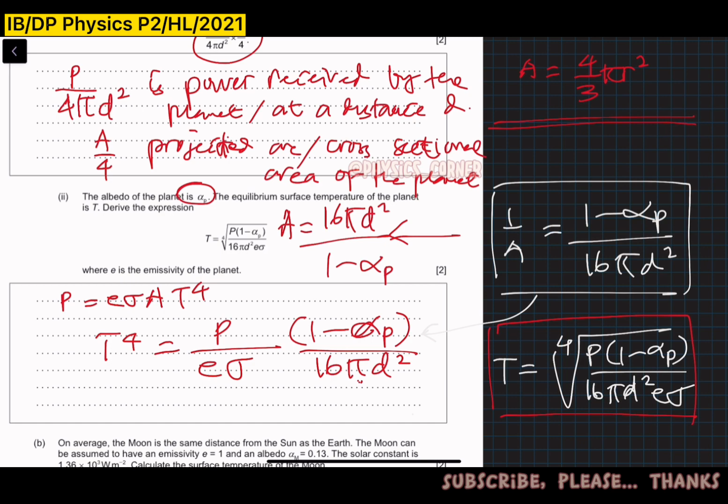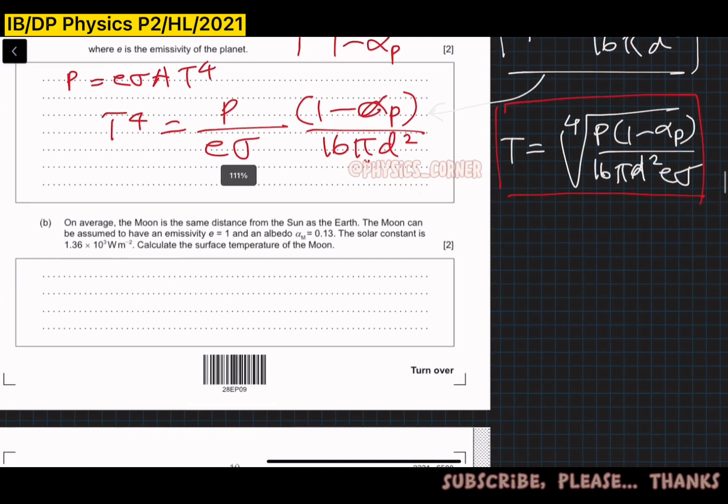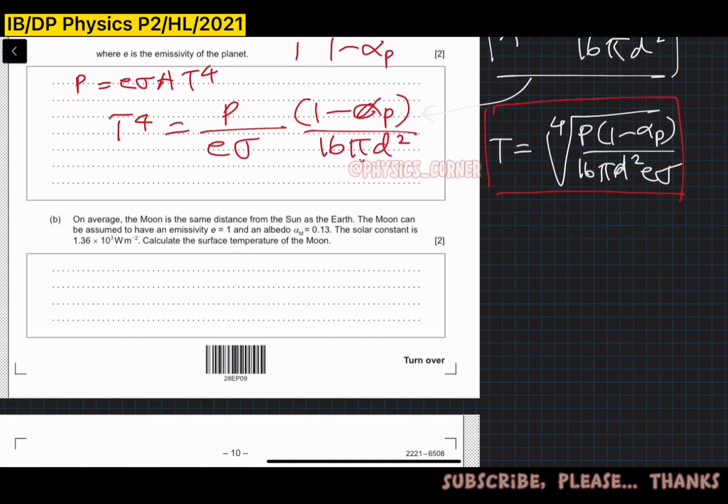Okay, big question. One more question on this number. On average, the moon is the same distance from the sun as the earth. The moon can be assumed to have emissivity E equals to 1 and albedo alpha m 0.13. The solar constant is 1.36. Calculate the surface temperature of the moon.